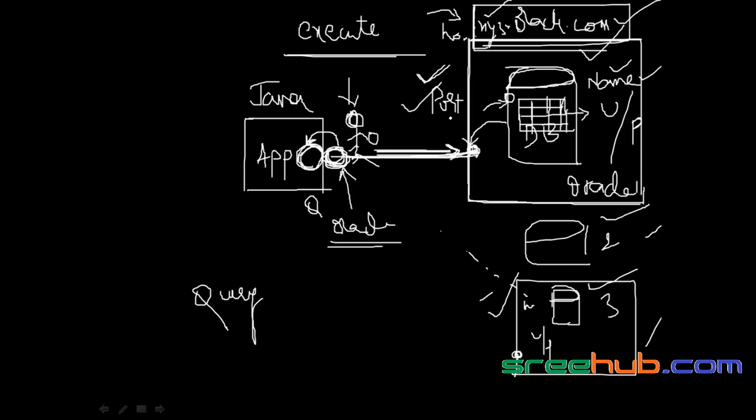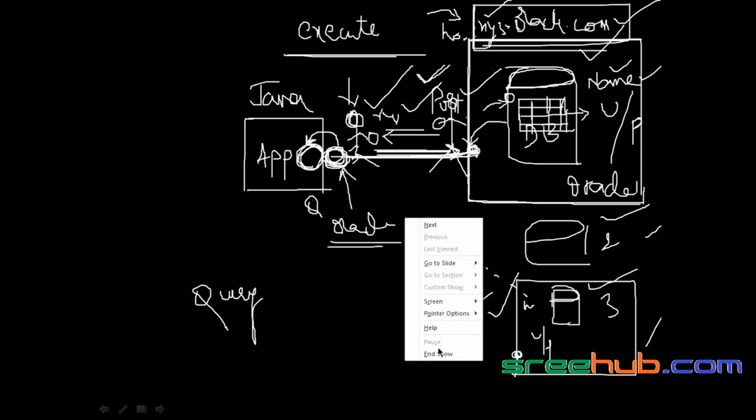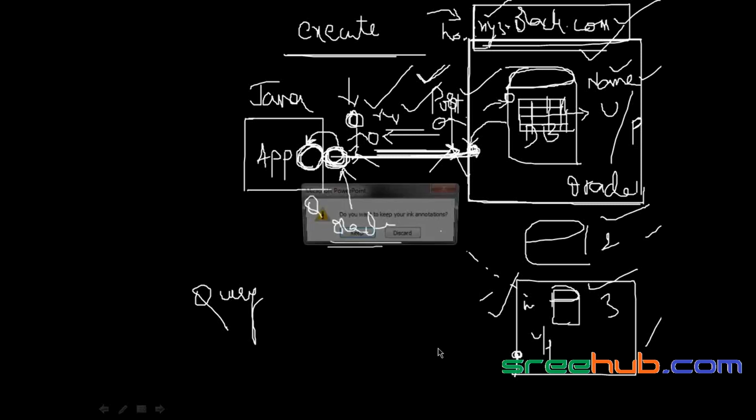Once the results are done, he will take them back, come back to our application and hand over the results. That is how your statement works. Without a statement, you will never be able to run any query on a database. So that is the next step, something called statement.